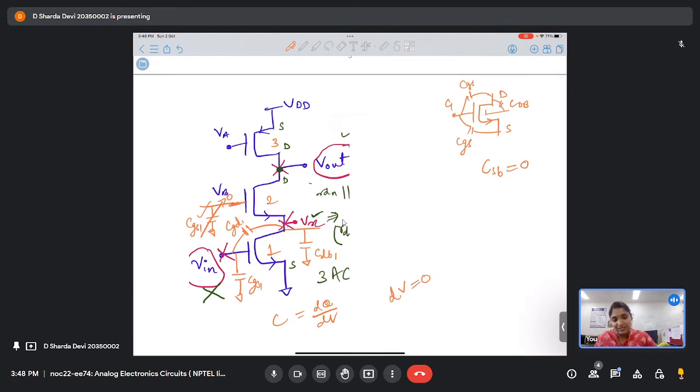So you will not see a CGS2. This was 2, no? So CGS2 does not come into the picture. What about CGS3? For this third transistor, there also it will be 0. Okay. What about CGD2?